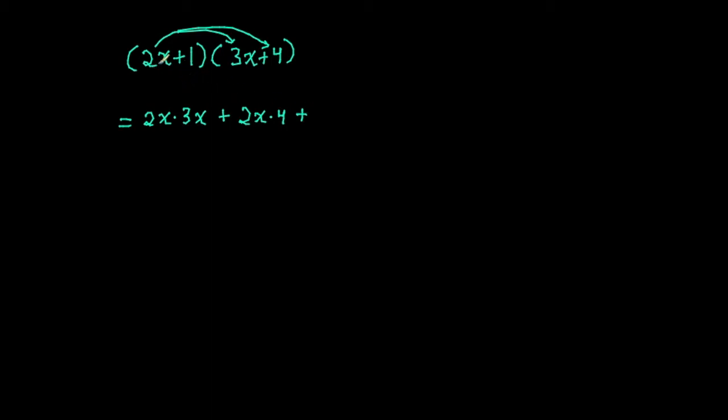Now we multiplied 2x by each term here, so all that's left is the 1. We multiply the 1 by each term here. So 1 times 3x, and then we add to that finally 1 times 4. We're just going to use the arrows for the first example. So let's simplify all of that.